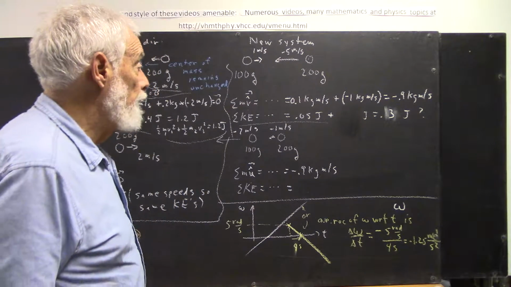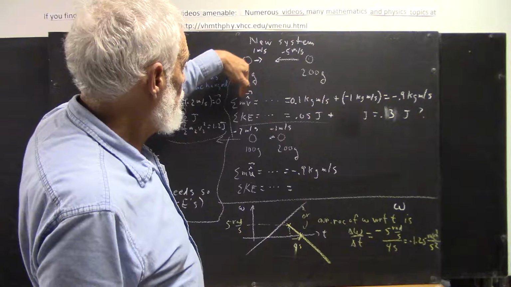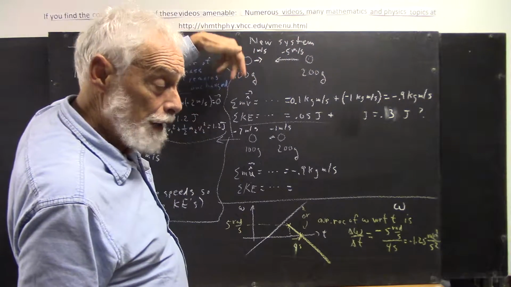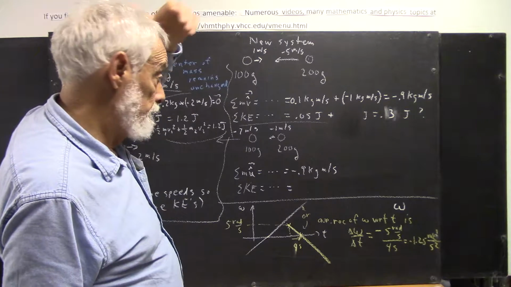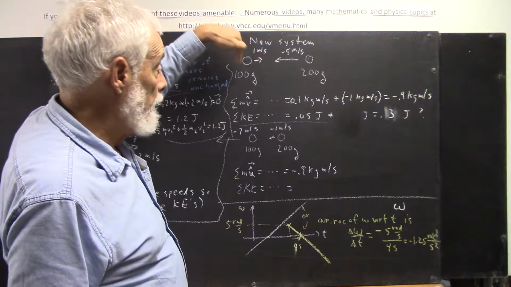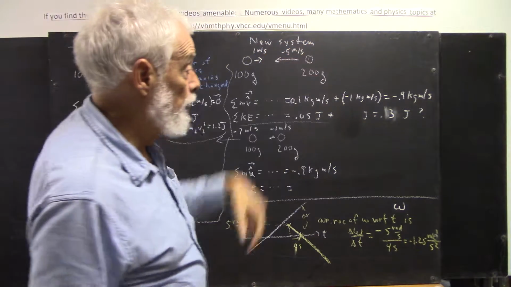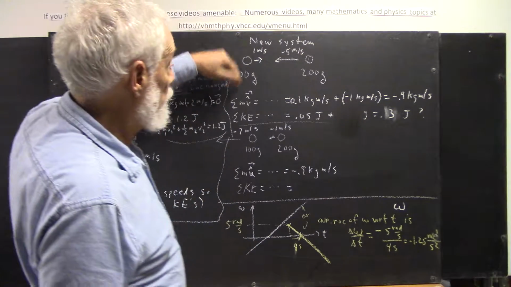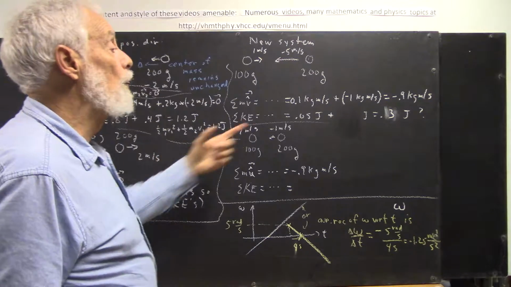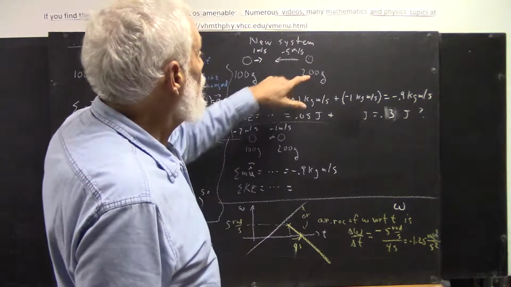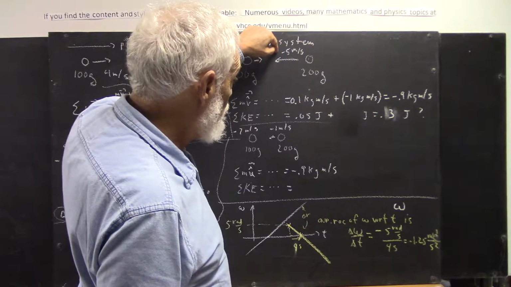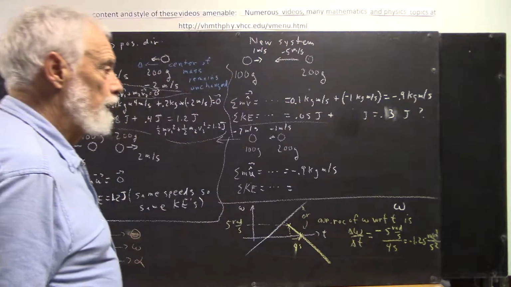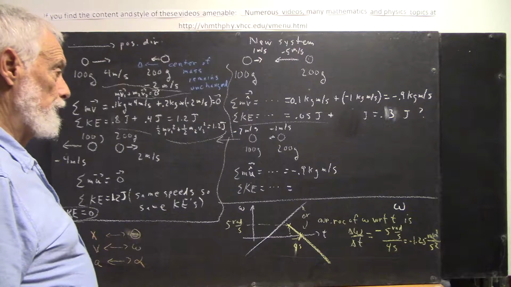So in the new system, the sum of the mv contributions is negative 0.9 kilogram meters per second. Very easily calculated: 100 grams times 1 meter per second is 0.1 kilogram meter per second, and 200 grams times negative 5 meters per second is negative 1 kilogram meter per second. That adds up to negative 0.9 kilogram meters per second.